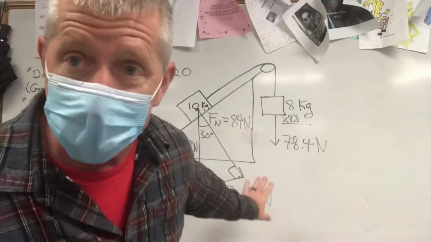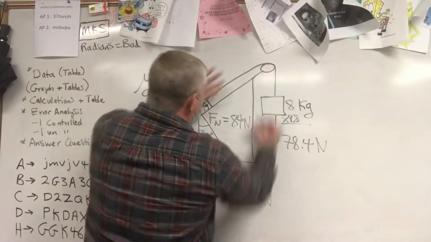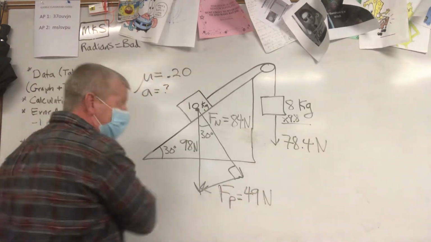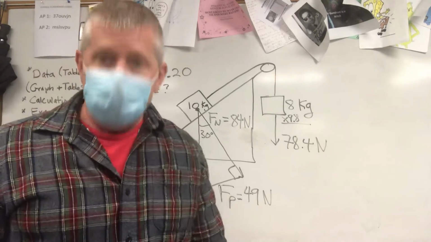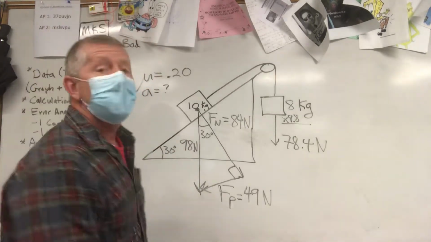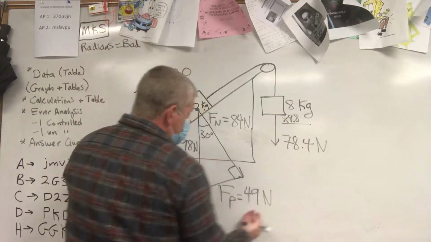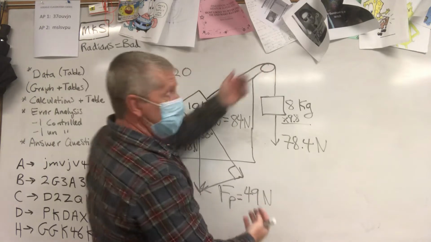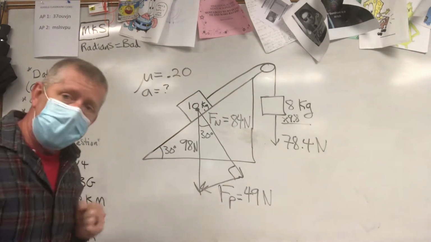This problem was made in Germany. 78 going up the inclined plane is greater than 49 going down the inclined plane. What's going to happen? You see it, yes you do. 78 beats 49. This is going to want to move up the inclined plane. There's more force pulling on it up than there is pulling on it down.